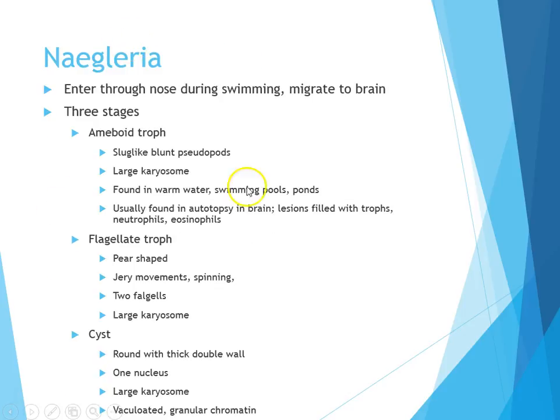Okay. Naegleria, usually what happens is the patient is swimming and some of the water goes up their nose and the parasite migrates directly to the brain. It happens very, very fast. Within just a couple days, the patient could die.